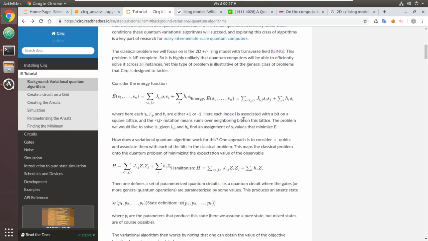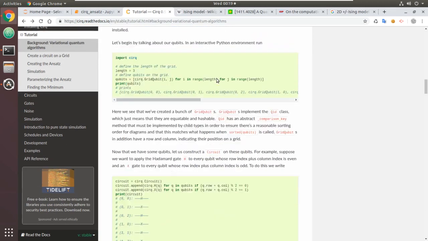Here each index is associated with a bit on a square lattice. The ij notation means sums over neighboring bits on this lattice. Okay, so still I don't really get why it's represented like this.